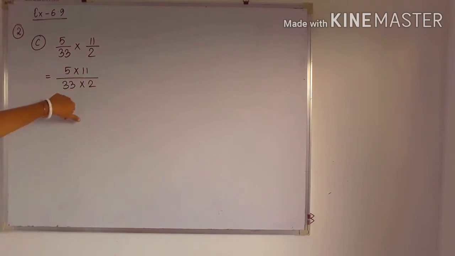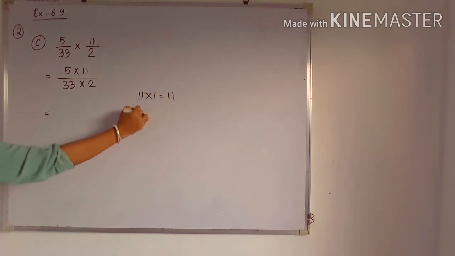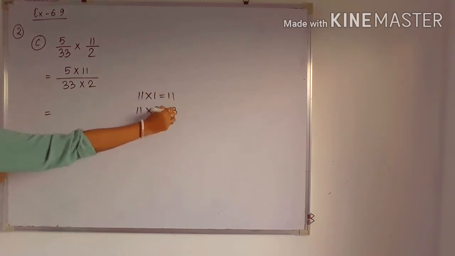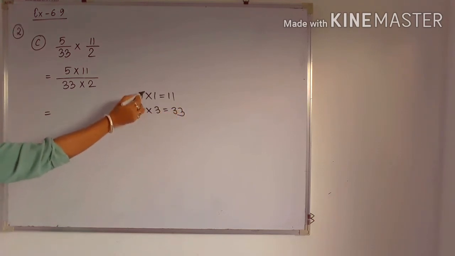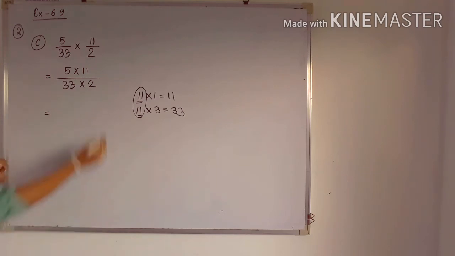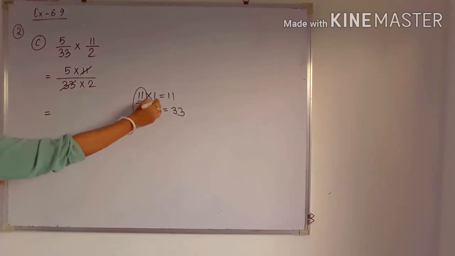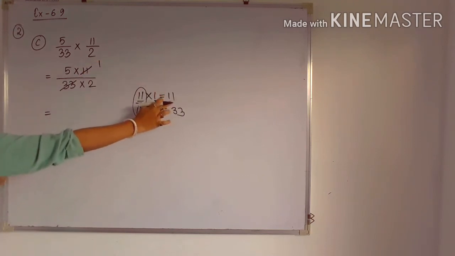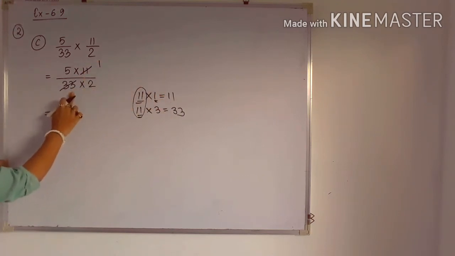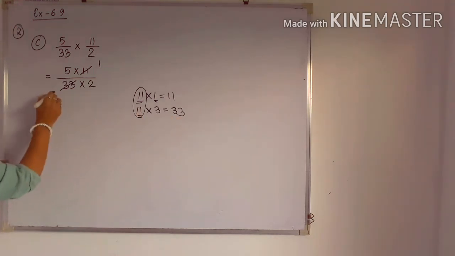So we will cancel using the multiplication table of 11. 11 1s are 11 and 11 3s are 33, so we are using the multiplication table of 11. We will cancel this one and this one. 11 1s are 11, and in place of 33 we can write 11 3s are 3.